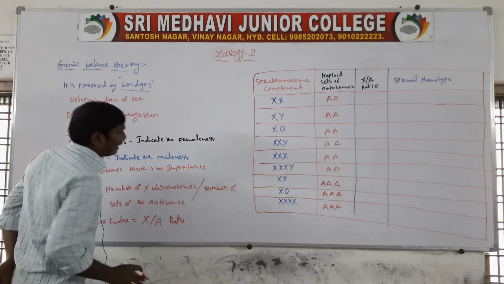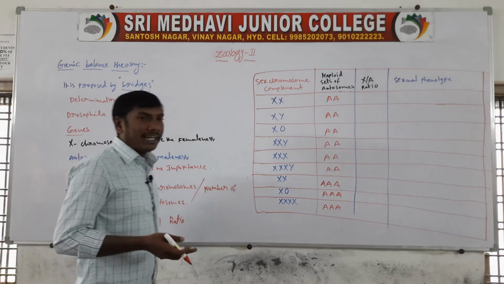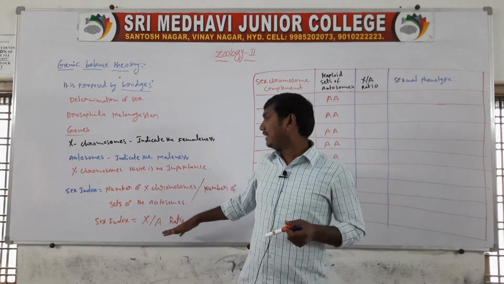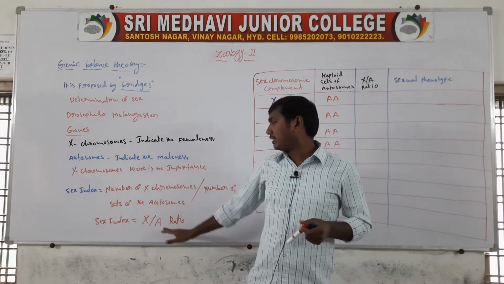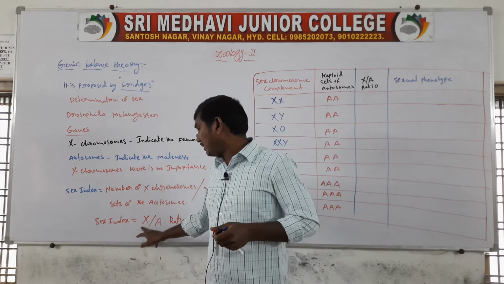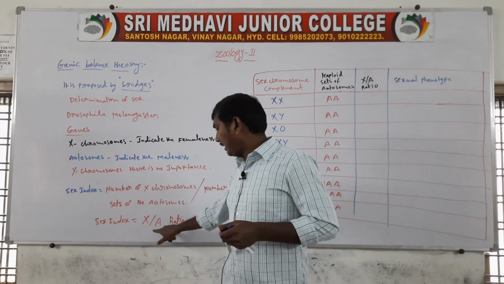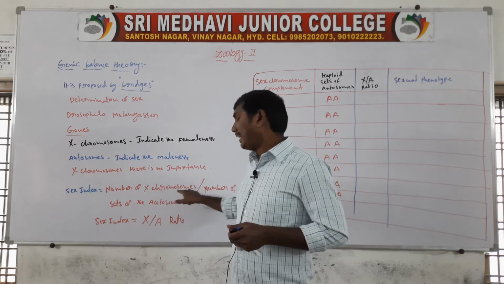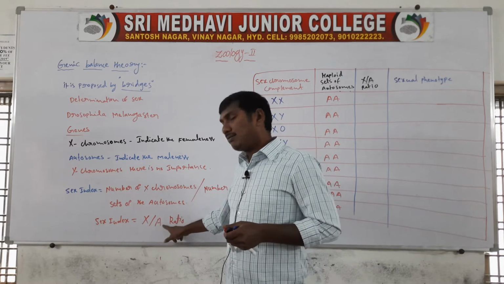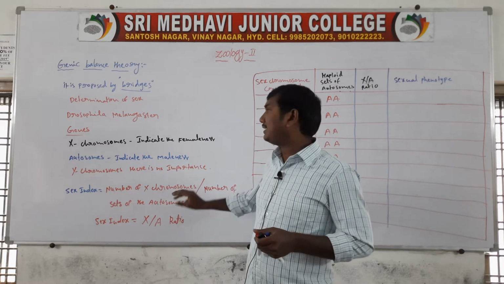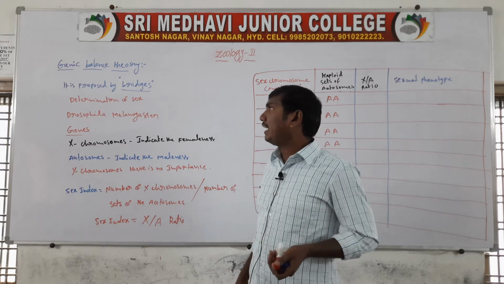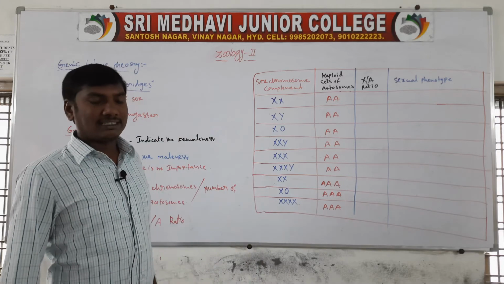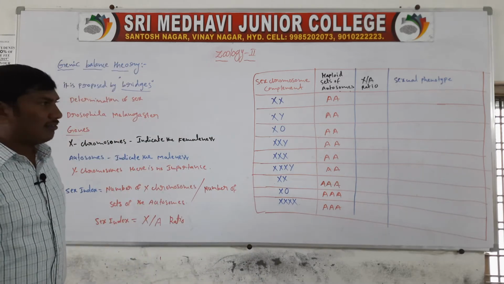X means the number of X chromosomes, and A means the number of sets of autosomes. So this equation identifies the indication of maleness and femaleness.